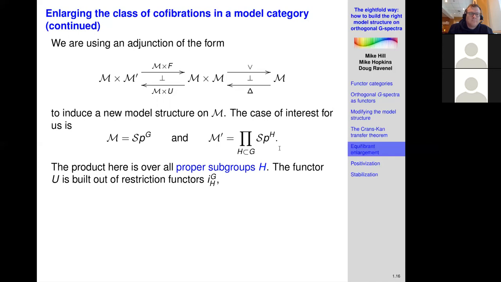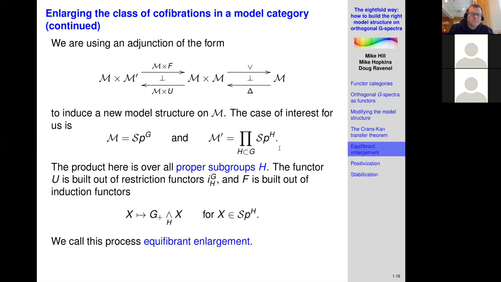And then U is built out of restriction functors, and F is built out of induction functors as before. And so this is going to give me a new model structure on SpG with more cofibrations. I'm calling this equifibrate enlargement.